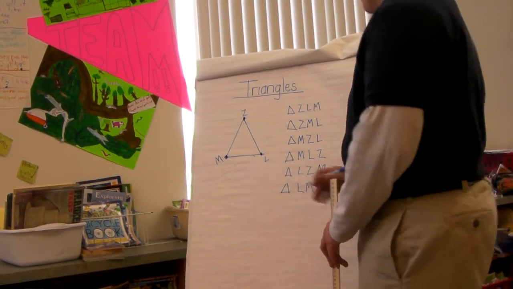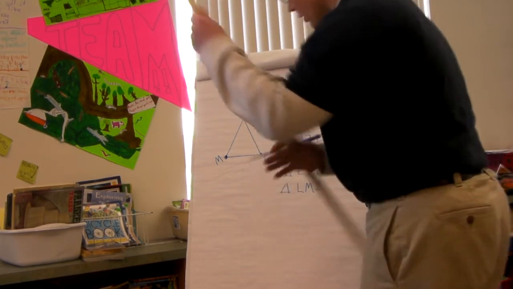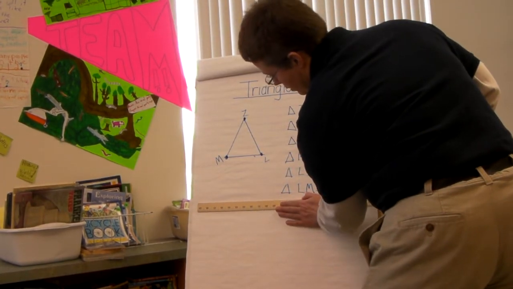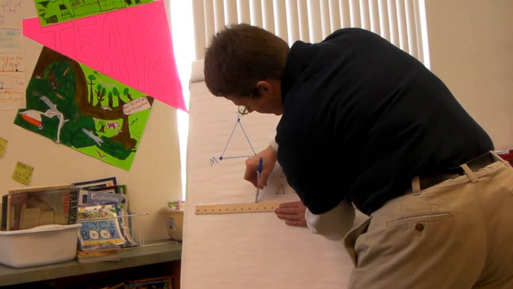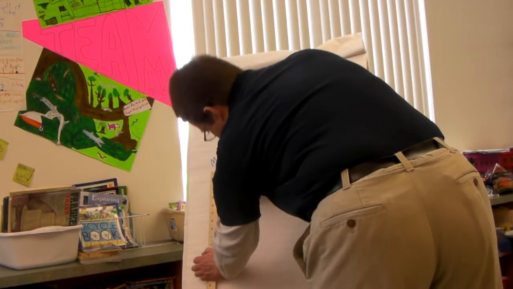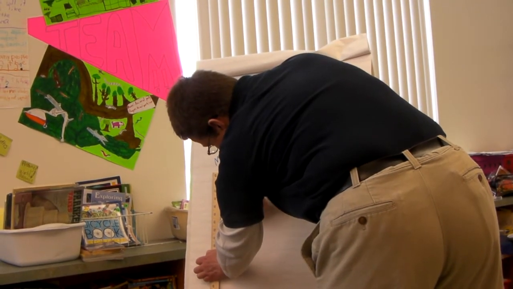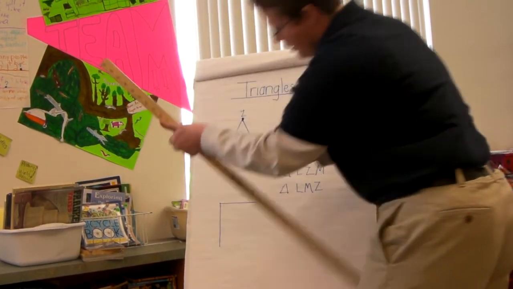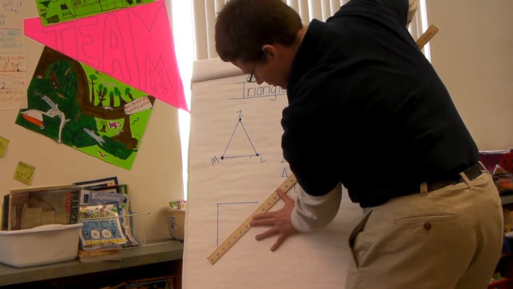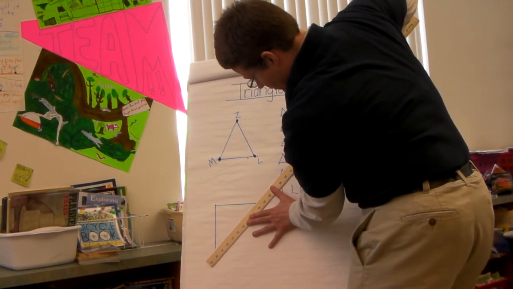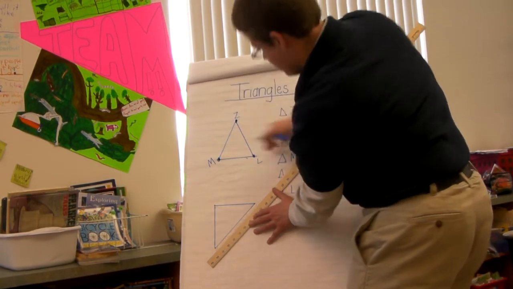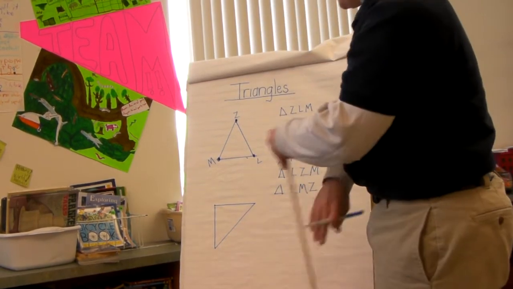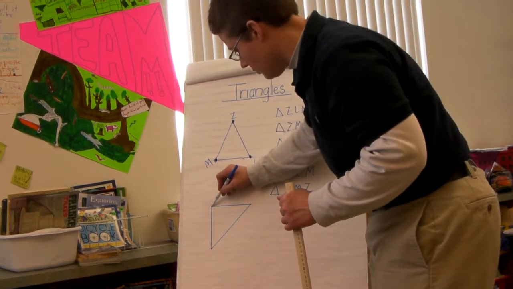Now, you might see a triangle that looks kind of like this. Trying to get it as straight as I can for you. And here. There's something special about this triangle that isn't special about this triangle.